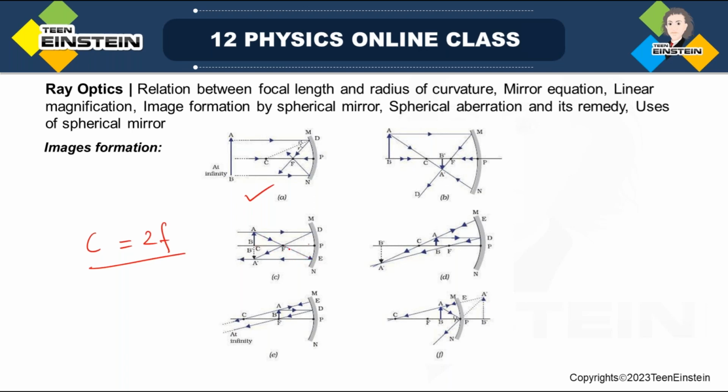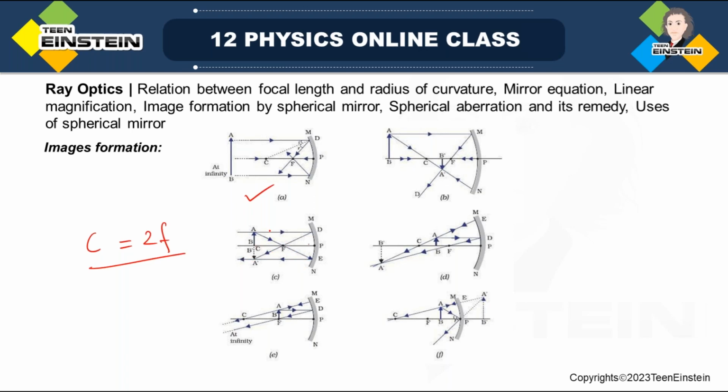This is actually the ray which is passing through the focus. After reflection, that will be parallel to the principal axis. I hope I told you: any ray passing through the focus and hitting the mirror, after reflection, will be parallel to the principal axis. These two rays will give you the image.